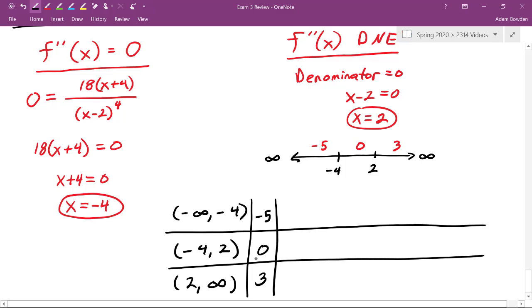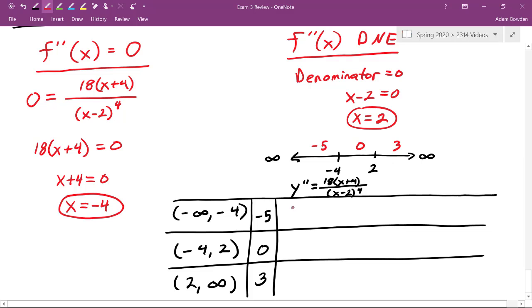Okay, and so again, we're plugging these in to check the second derivative. So in this case, y double prime. Our second derivative from up above, 18 times x plus 4 divided by x minus 2 to the fourth. And if we plug -5 in here, 18 times -5 plus 4 over -5 minus 2 raised to the fourth power.